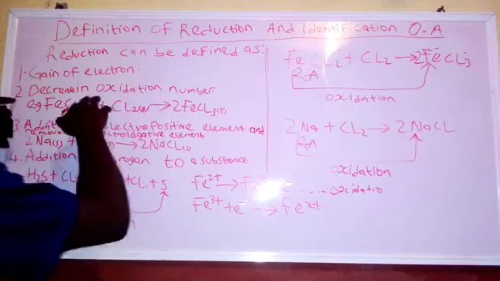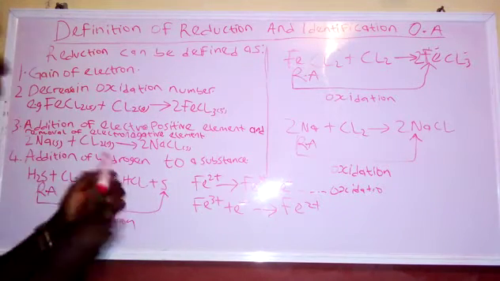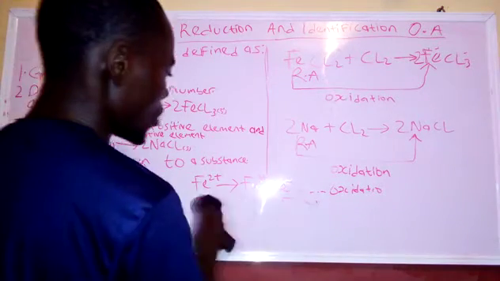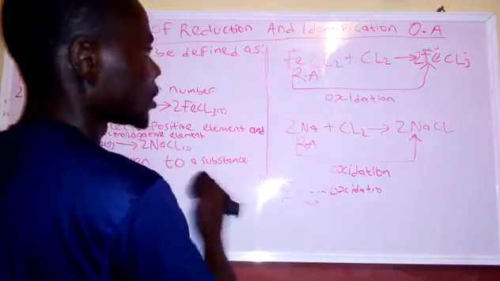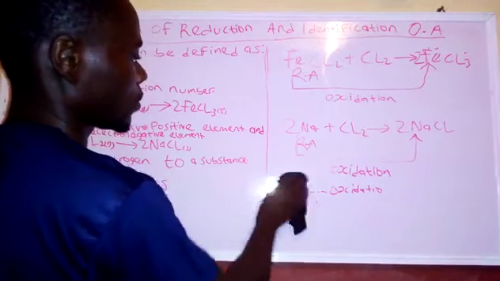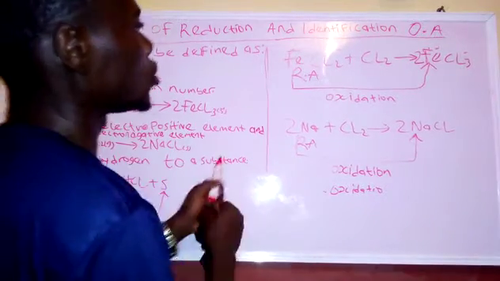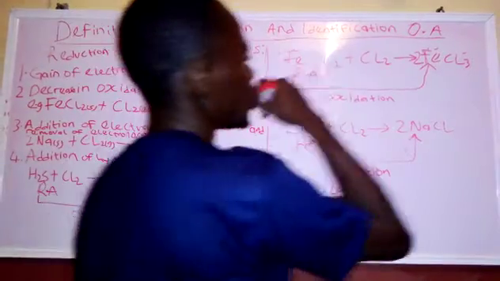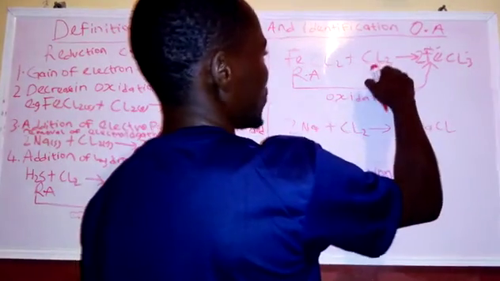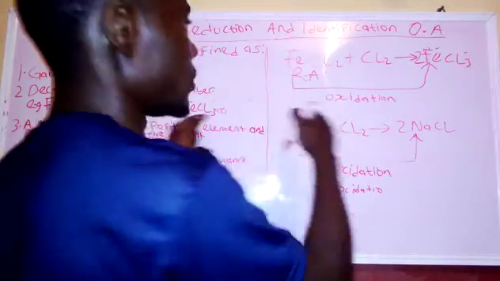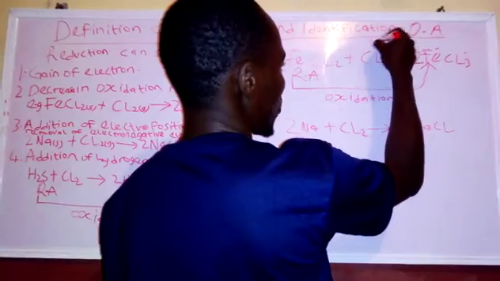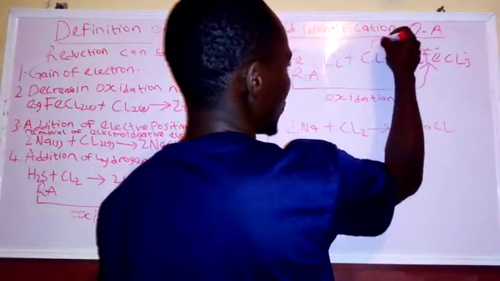Now, reduction can also be defined as the decrease in oxidation number. So what do we mean by a decrease in oxidation number? Now I will show you. Look here, for example. Look at chlorine here. I'm still using the same equation. The oxidation number of chlorine is 0 here.